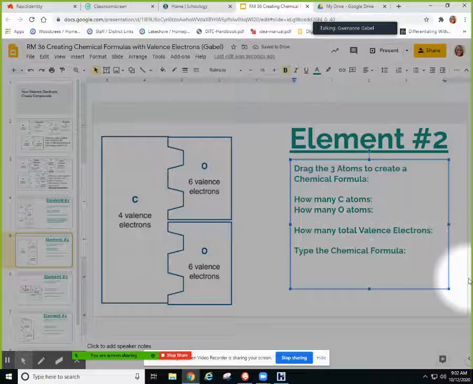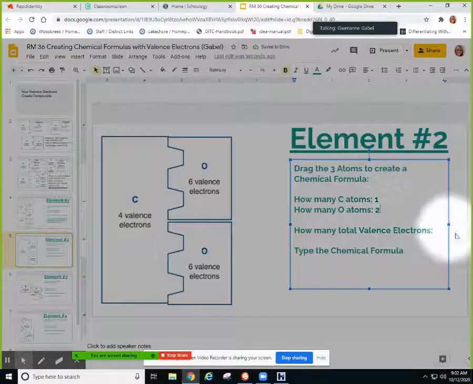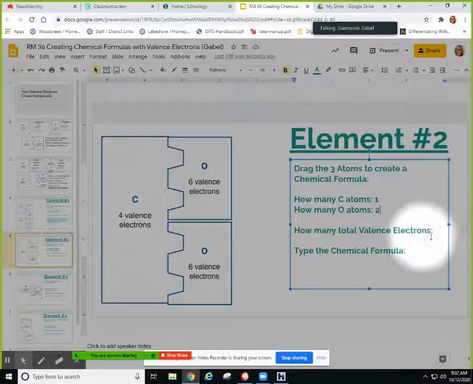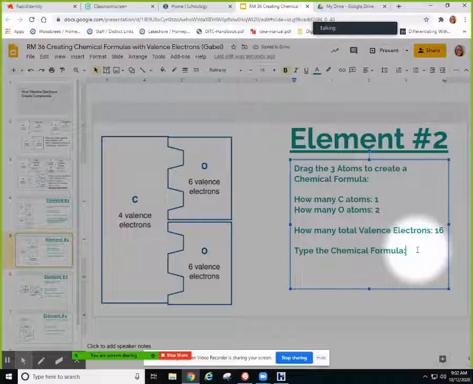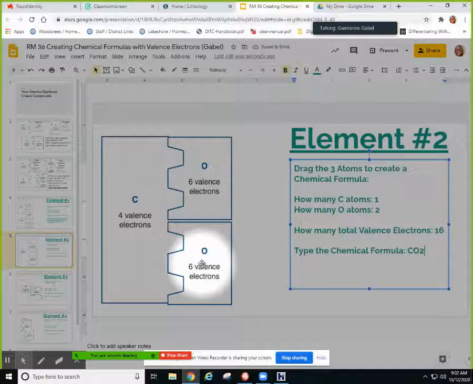We have 1 atom of carbon, one puzzle piece of carbon. And we have 2 pieces of oxygen. Okay? And the total valence electrons is 12 plus 4 is 16. So 8 and 8. And the chemical formula is capital C, capital O, 2. Because we have a capital C and we have 2 capital O's.